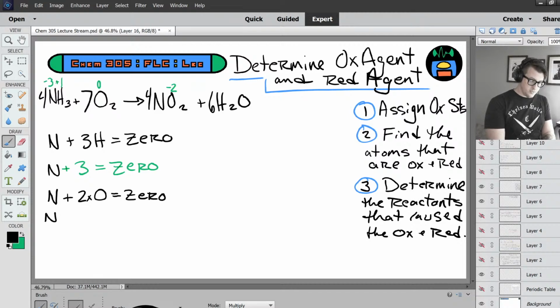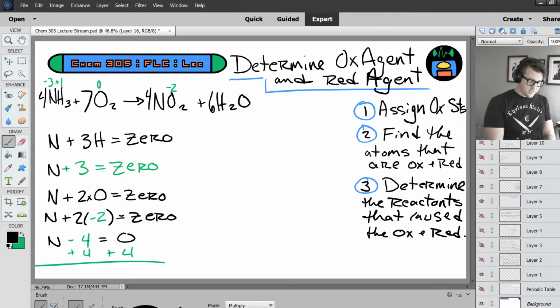So nitrogen plus 2 times -2 is 0. So nitrogen minus 4 is equal to 0, and when we add 4 to both sides, the oxidation state for nitrogen in NO2 is +4.